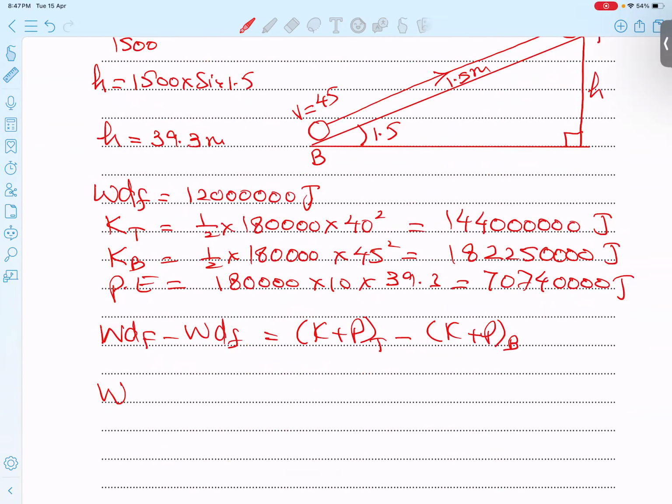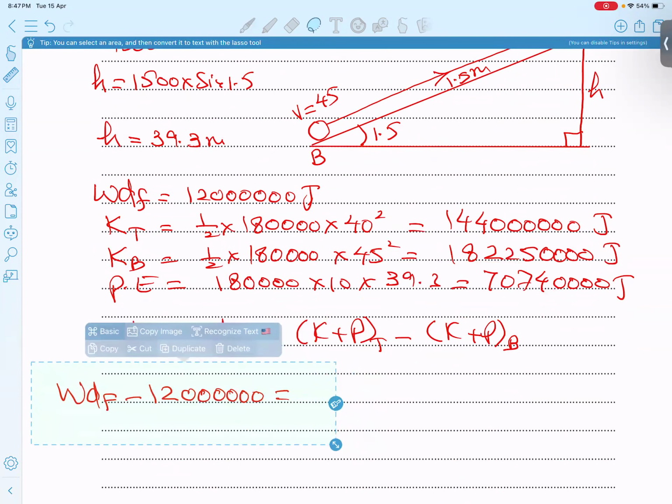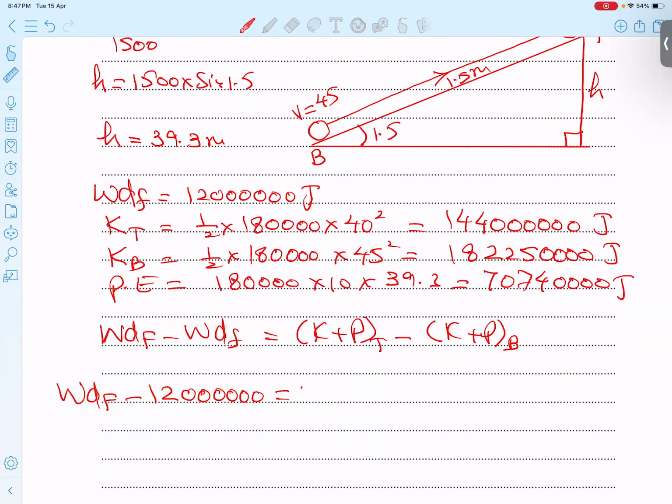Let's apply the values and plug in all of them: 1, 2, 1, 2, 3, 4, 5, 6. I can write 10 to the power 6 also, no problem at all. Kinetic energy at the top is this. I'm going to plug in and then, inshallah, get the answer. 18225 and zeros. Potential energy at the top, I got this one: 7074 and 4 zeros.